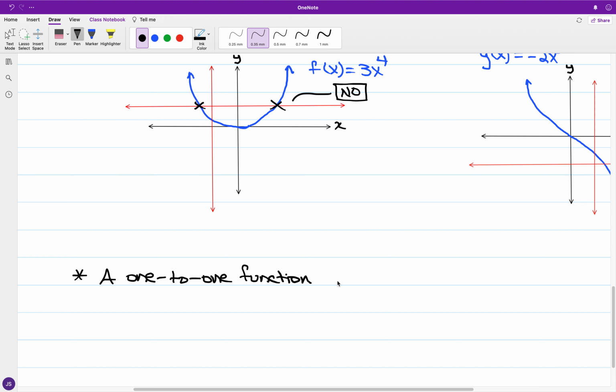Okay, now a one-to-one function and its inverse will compose together as x.